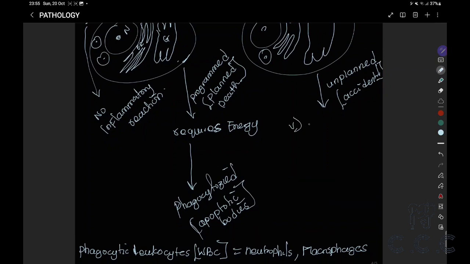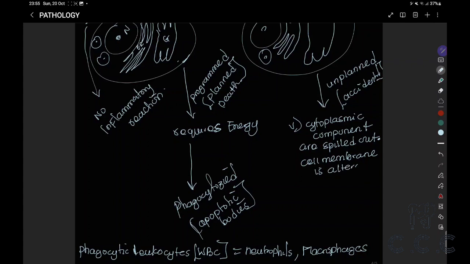First of all, the cytoplasmic components are spewed out. Why does this happen? Because the cell membrane is altered and not intact. So this is the first thing that happens.